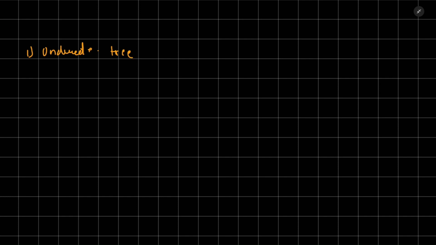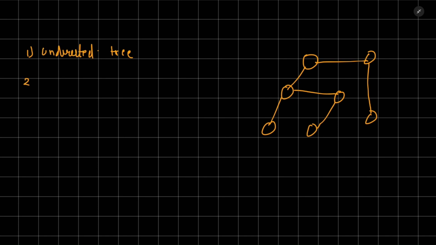This means that all of its nodes, wherever they are, are connected by edges. So we can reach any node from any other node because it's undirected. Every node is reachable from one node, or we can say that we have a path from one node to any other node.